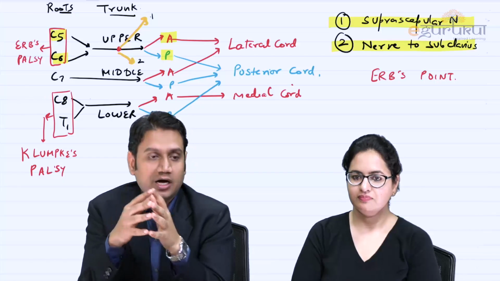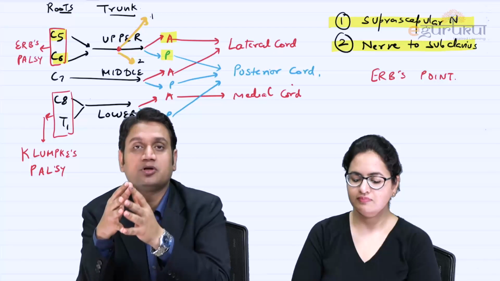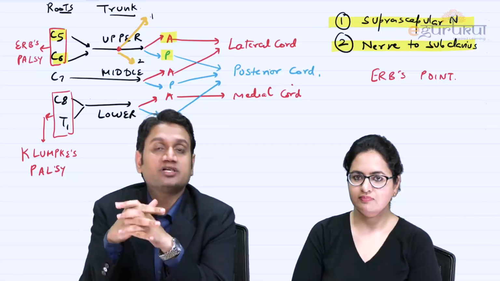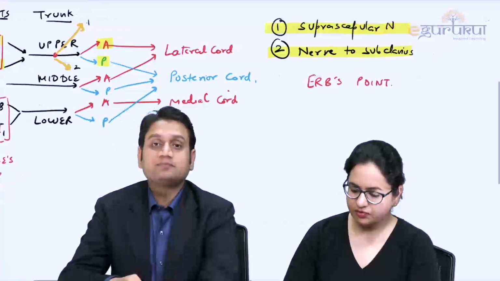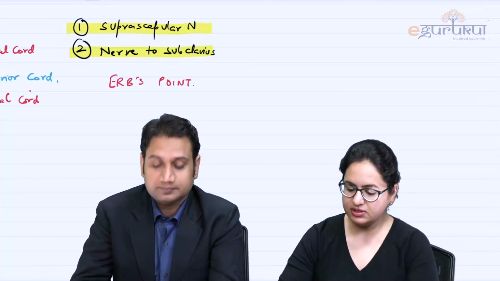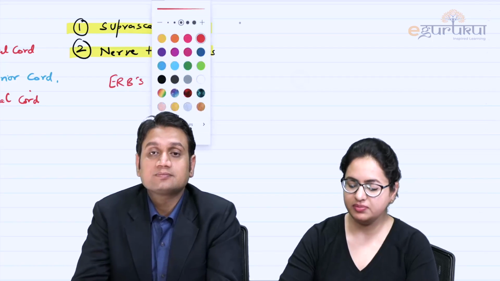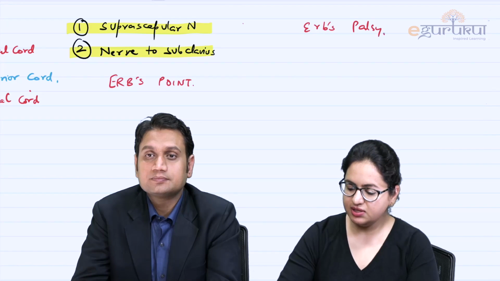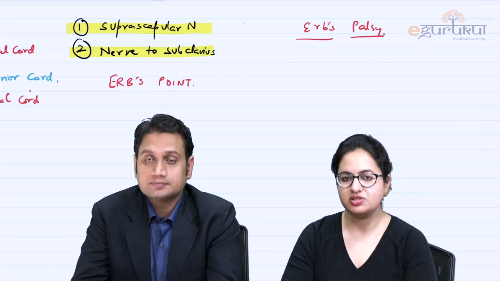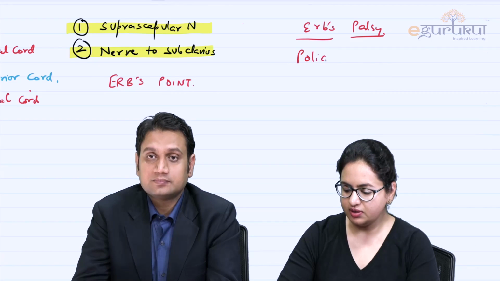So let's see how C5, C6, the suprascapular nerve, nerve to subclavius, and the anterior and posterior divisions are going to affect it. Now within Erb's palsy, we say these nerves mentioned over here are being involved. The limb goes into an attitude given the term policeman's tip deformity.